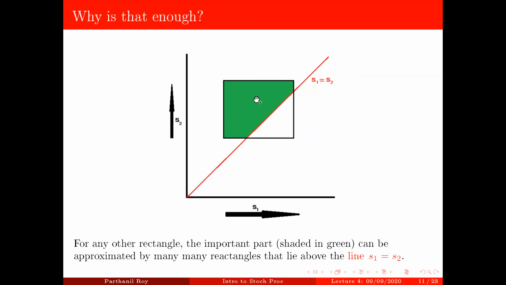So therefore, if you just show whatever we have to show on rectangles which completely lie on this side, that's enough. Because for any other rectangle you take, the essential, contributing part, which is the green part here, is going to be approximated using a union of many rectangles, which are all on this side of this line. We have done such a thing in probability theory 2, but I just reminded you of that once more.